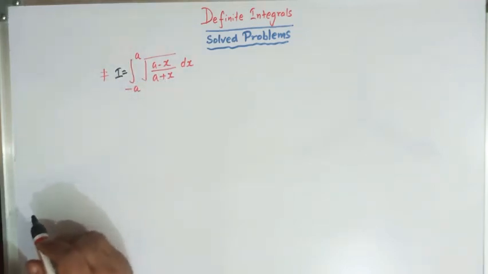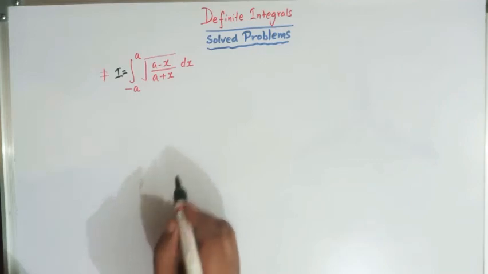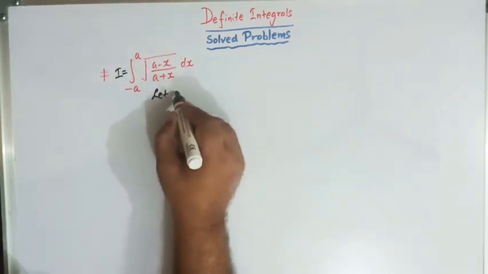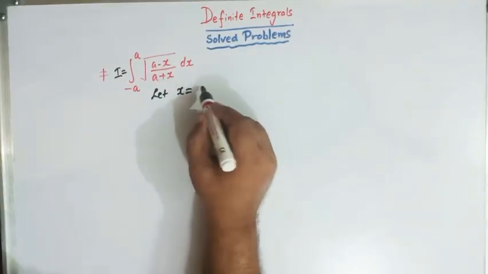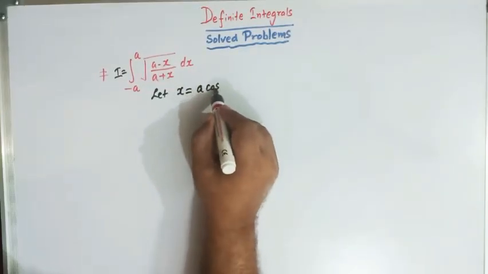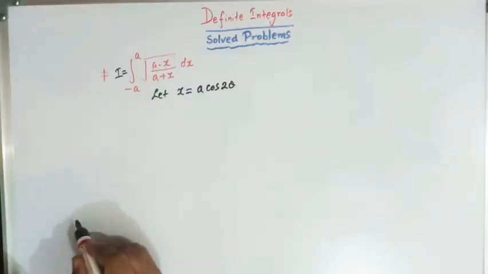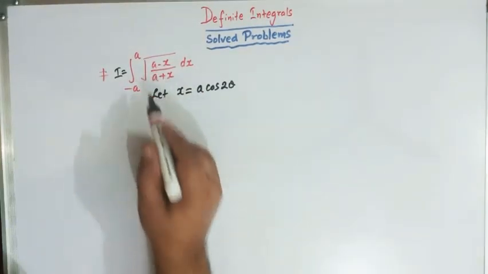Here again we'll make use of the substitution method and let x = a cos 2θ.